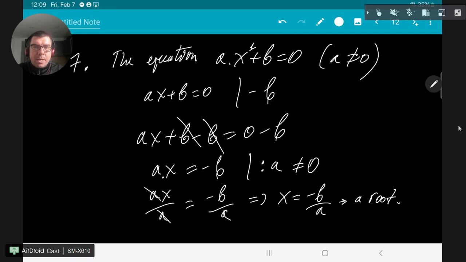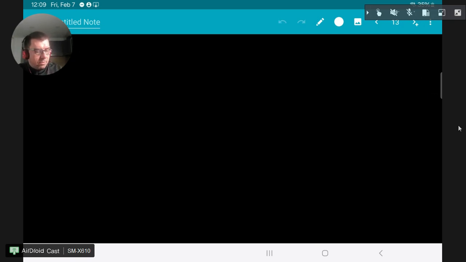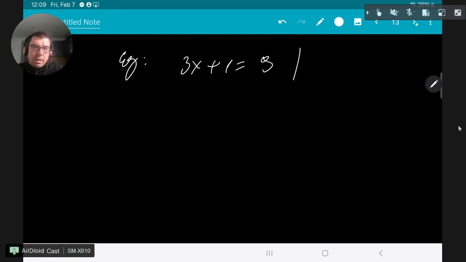Makes sense? Let's see a concrete example. So for instance, 3x plus 1 equals, let's say, 9. I'll be technical here, but later in other examples I will not be technical. I'll just say I move 1 with minus to the right.